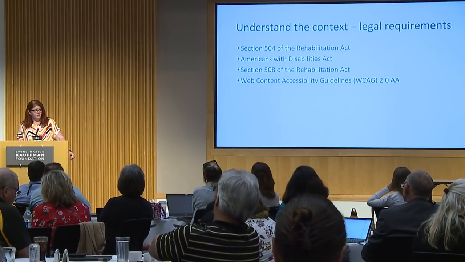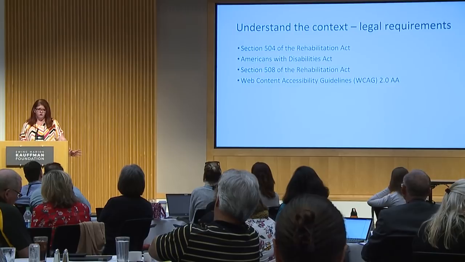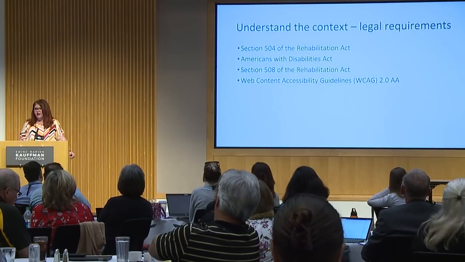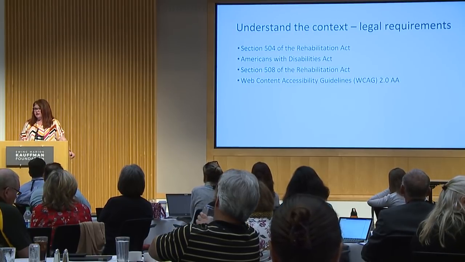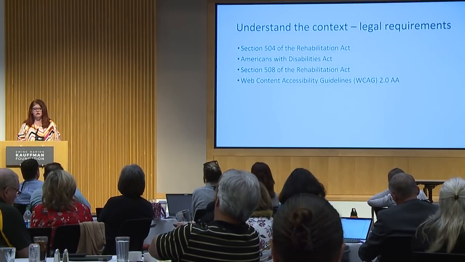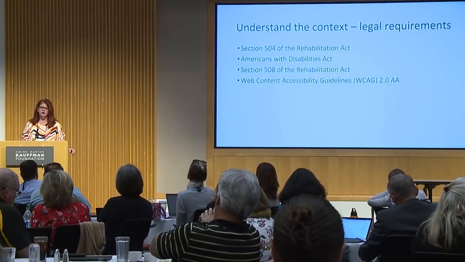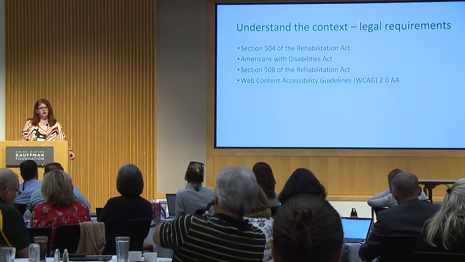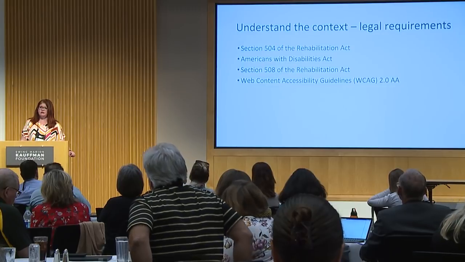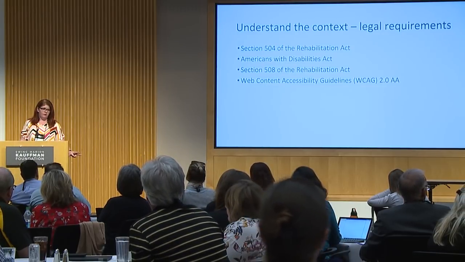The WCAG standards, and you'll hear us talk about the Web Content Accessibility Guidelines as WCAG or WCAG or WCAG, and however else we talk about it, those are international standards that have really become the gold standard to follow. They just recently released in June WCAG 2.1, which adds some guidelines to the AA standard as well to kind of address some of the needs that we had around mobile accessibility and cognitive disabilities.